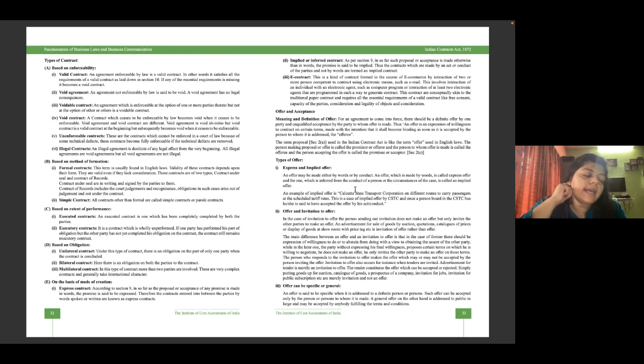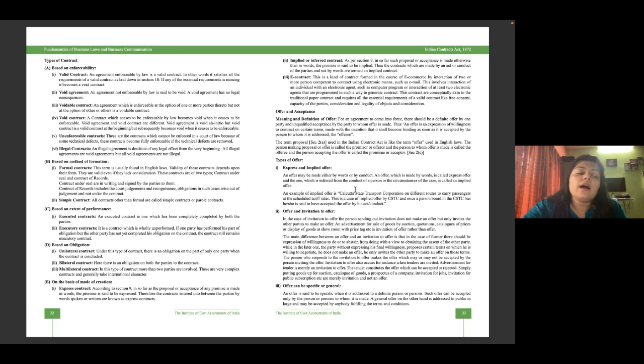So the whole idea is, what exactly is the legal relationship all about between both the parties to a particular contract? When we are talking about types of contract, one of the first types is that which is based on enforceability. The second is based on formation. The third is based on the extent of performance, whereas the fourth is based on obligations.